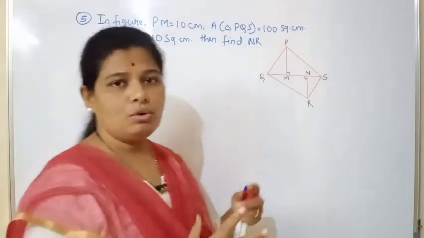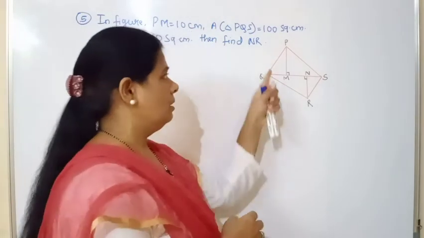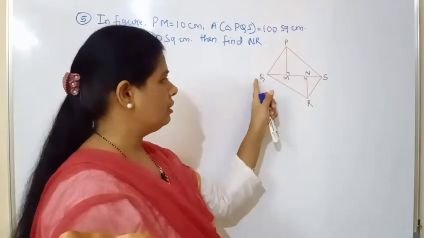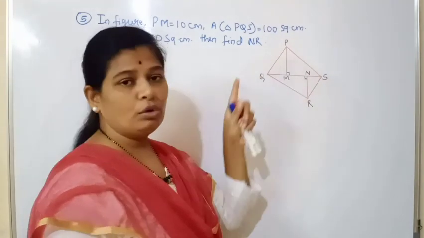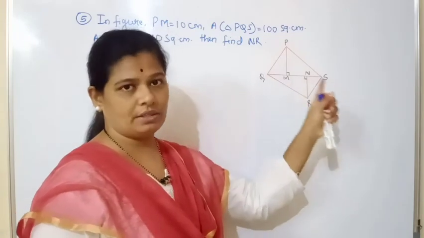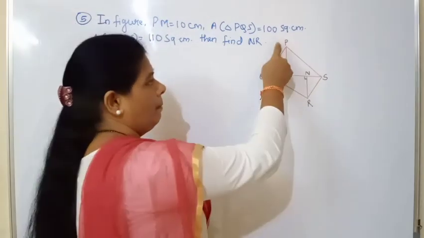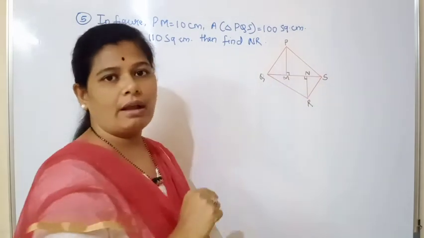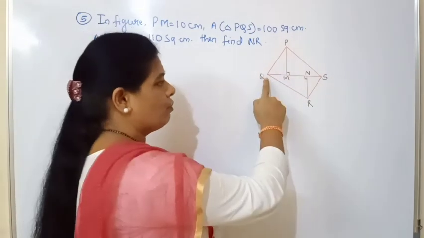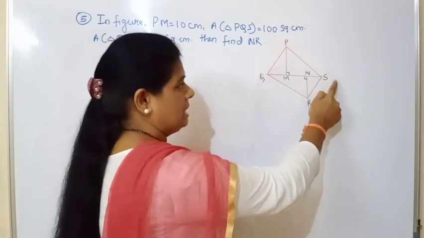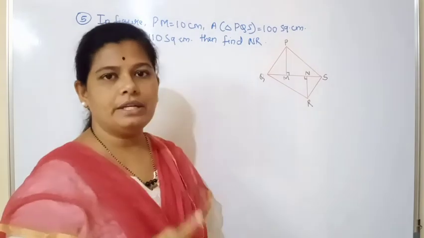As you see in the diagram, triangle PQS and triangle QRS both have the common base QS. For PQS, base is QS and height is PM. Similarly, for triangle QRS, base is QS and height is NR.